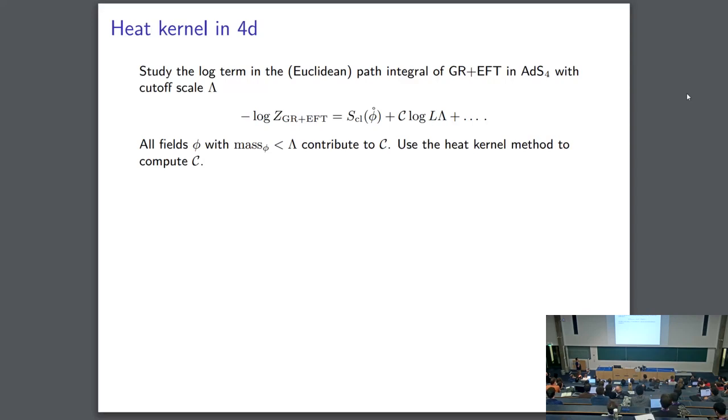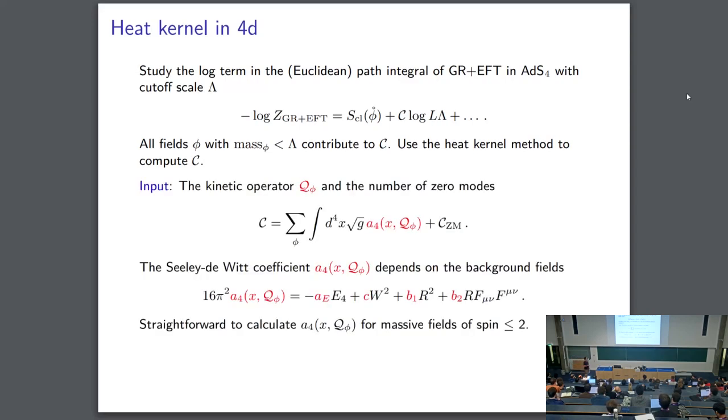So I don't have to compute the full one-loop determinant, but only the log piece, and there's a tool for that, which is called the heat kernel. So I'm not going to explain how this is done in detail, but this is a fairly standard tool. The logic is that all you need to know is the kinetic operator of your field of mass m, and using some well-known tricks, you can express the contribution to the log term using what's called the Seeley-DeWitt coefficient, A4.